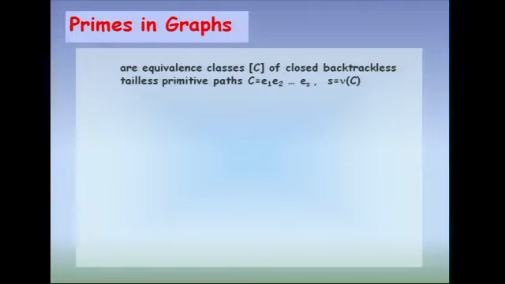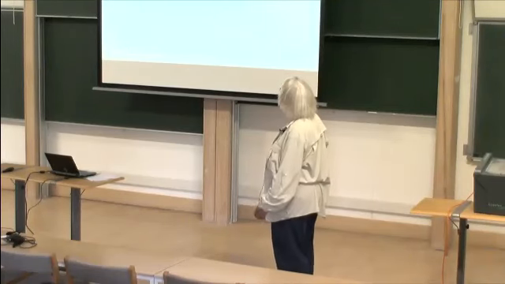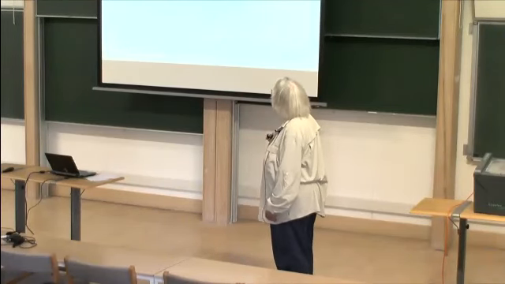So being a number theorist, I have to find the primes in the graphs. And these are equivalence classes of closed, backtrackless, tailless, primitive paths, which are just a bunch of oriented edges, directed edges, E1, E2, up to ES, where S, the number of directed edges, is the length. I'm going to call that nu of the path.